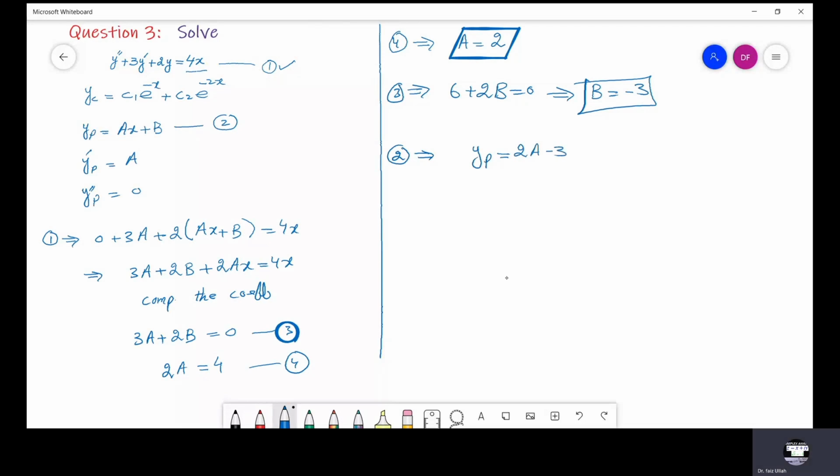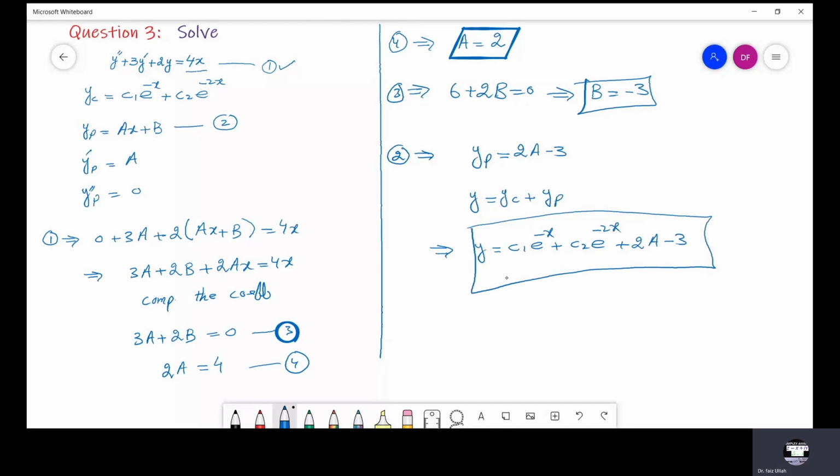And now the general solution is y, which is equal to yc plus yp. Putting values, we have y is equal to c1 e power minus x plus c2 e power minus 2x plus 2x minus 3, and that is the required solution for this problem.